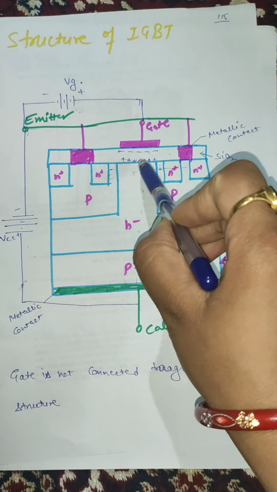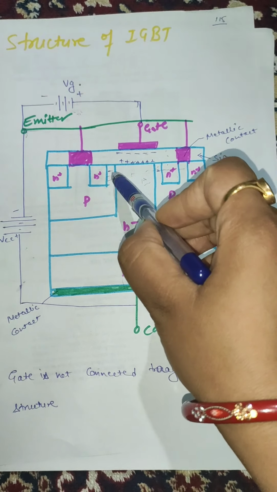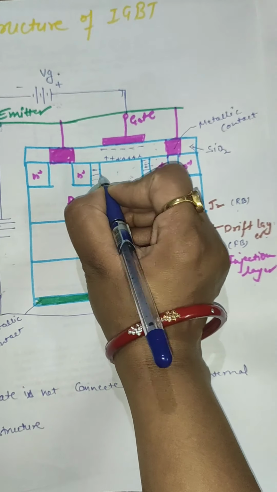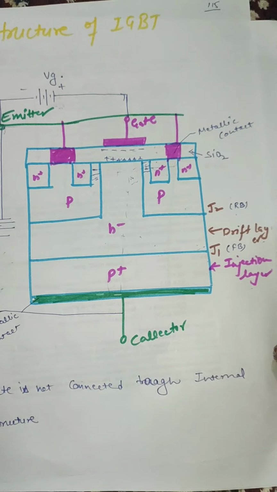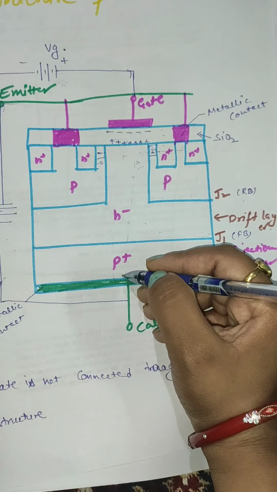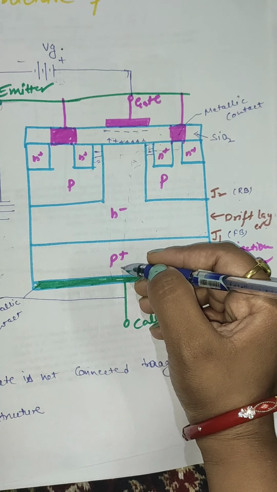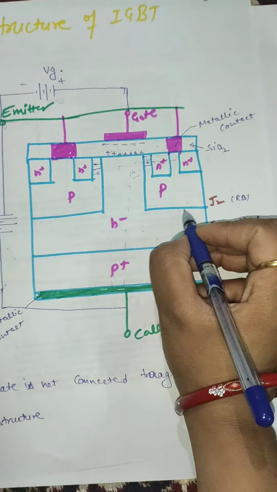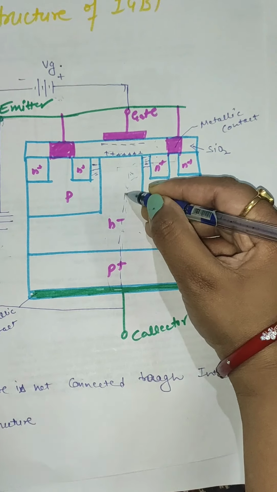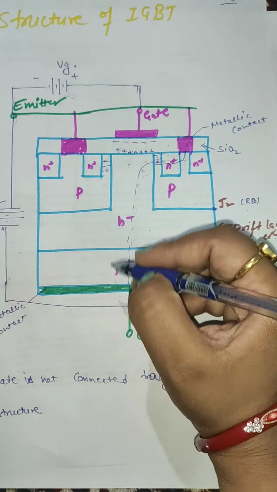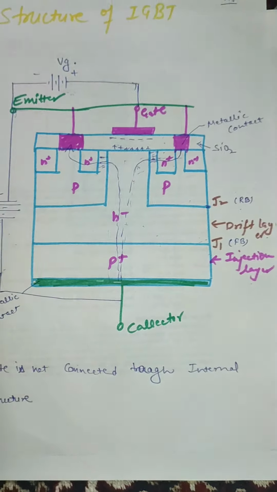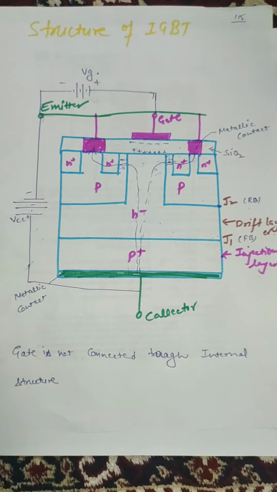Because of this insertion, current will flow through the reverse biased J2, and current will flow like this. So this is the working of IGBT.